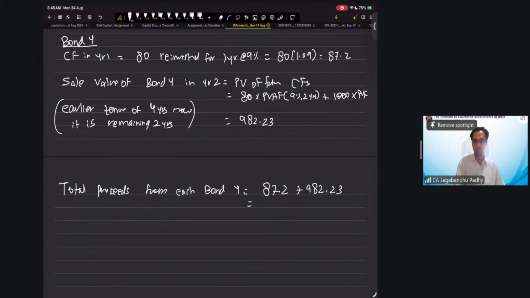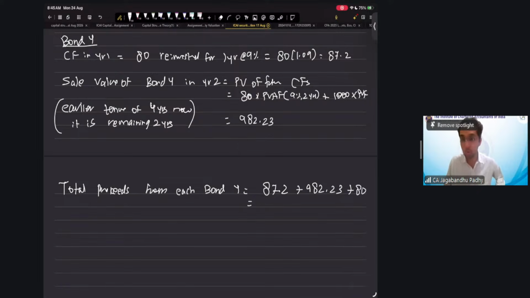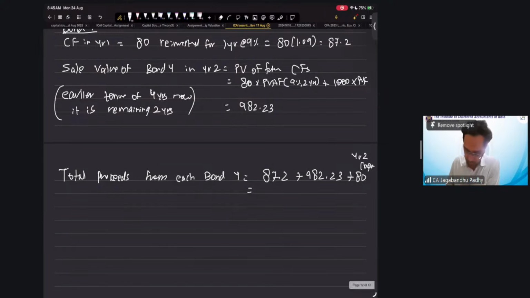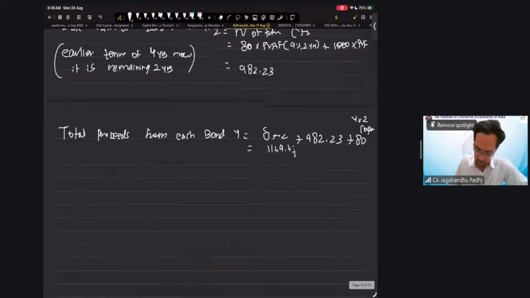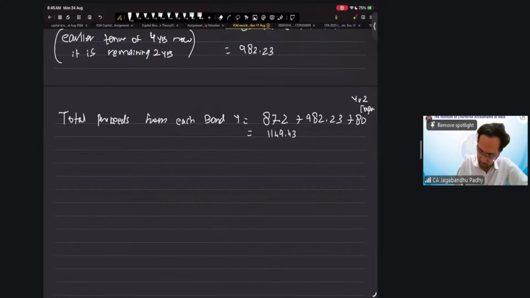And you will also get one more coupon, the year two coupon, before selling. So plus 80, that gives us the value as 1149.43 from each bond Y.